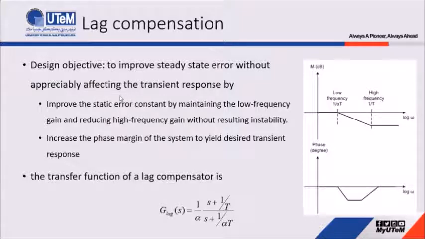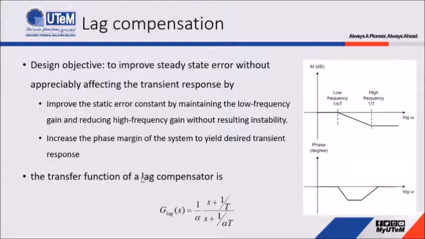This can be obtained by improving the static error constant by maintaining the low frequency gain and reducing the high frequency gain without resulting in instability, and second, increasing the phase margin of the system to your desired transient response.